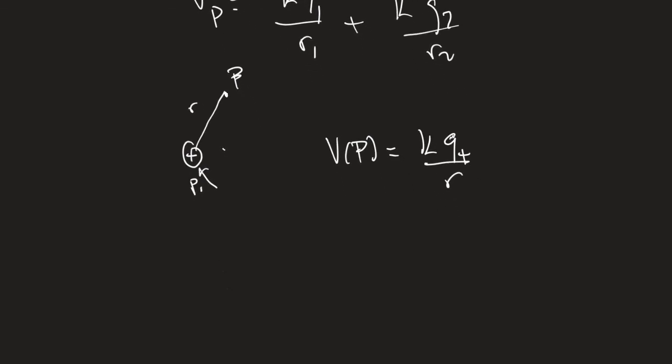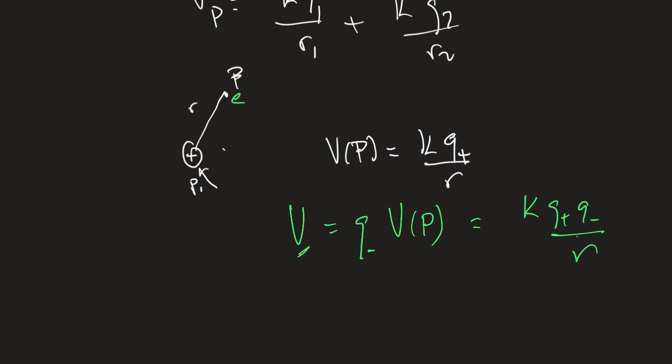If I put an electron here, the potential energy U of the system of the two point charges will be the charge of the electron times the potential at the point P. So this will be K Q positive, Q negative divided by the distance R. This is the potential energy of the atom.